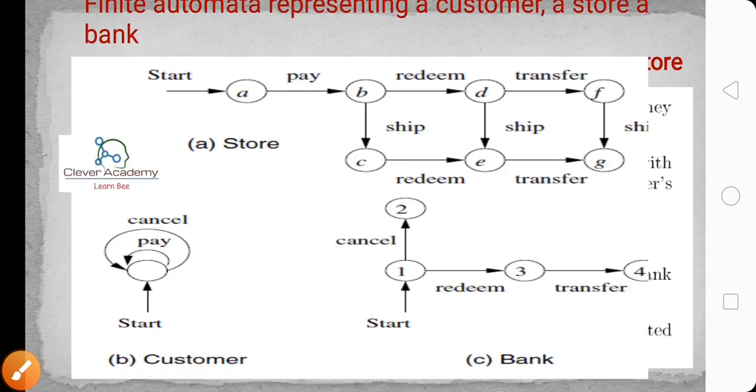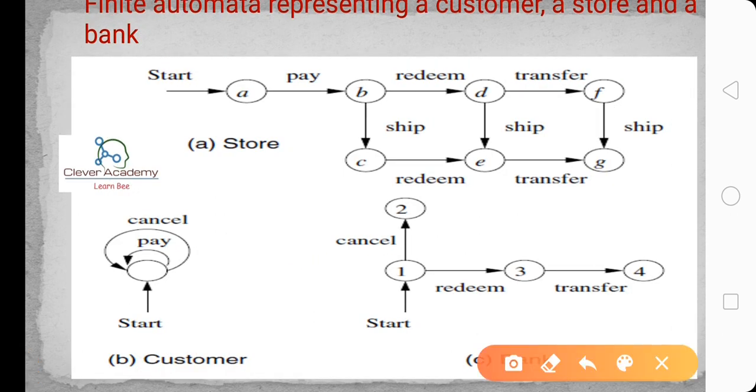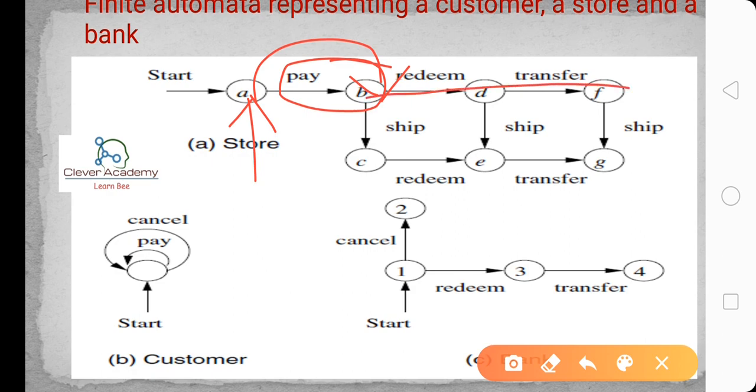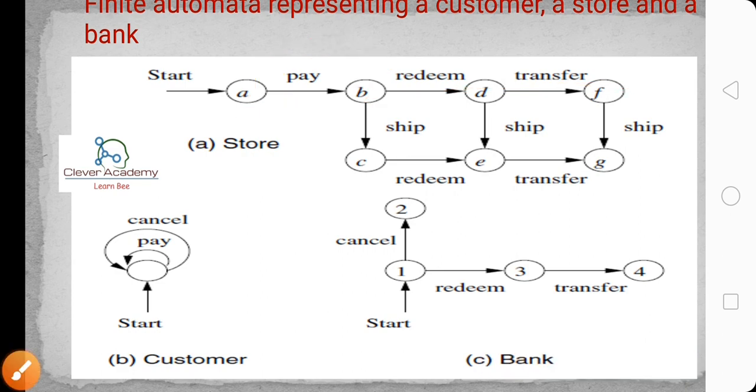So you can see the transition function for the store: whenever the customer pays the money to the store, they may go for shipping the product, or after the payment if they want to redeem, they want to transfer that money to the bank account. Those are the two options they have. If he wants to get the item, he gets it. Otherwise, if he wants to get the particular amount into the bank, he can get that amount to the bank.